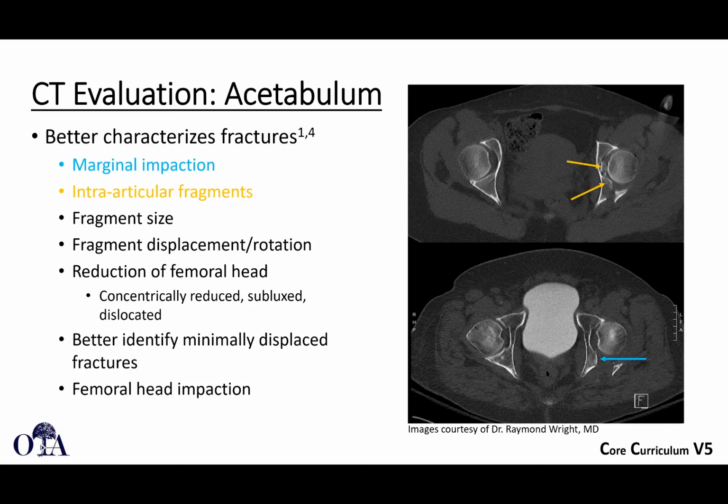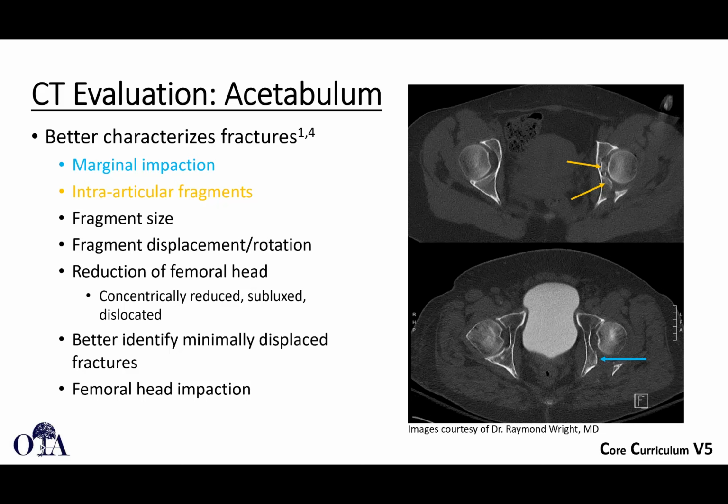So certain things we talked about earlier are very well seen on CT scan and hard to see on plain X-ray, like marginal impaction. Marginal impaction in the posterior wall is very hard to see. Sometimes in the dome, in those geriatric patterns with the anterior wall fractures, I talked about earlier how those can be a poor prognostic sign, and you get that gull sign. That's actually an X-ray finding.